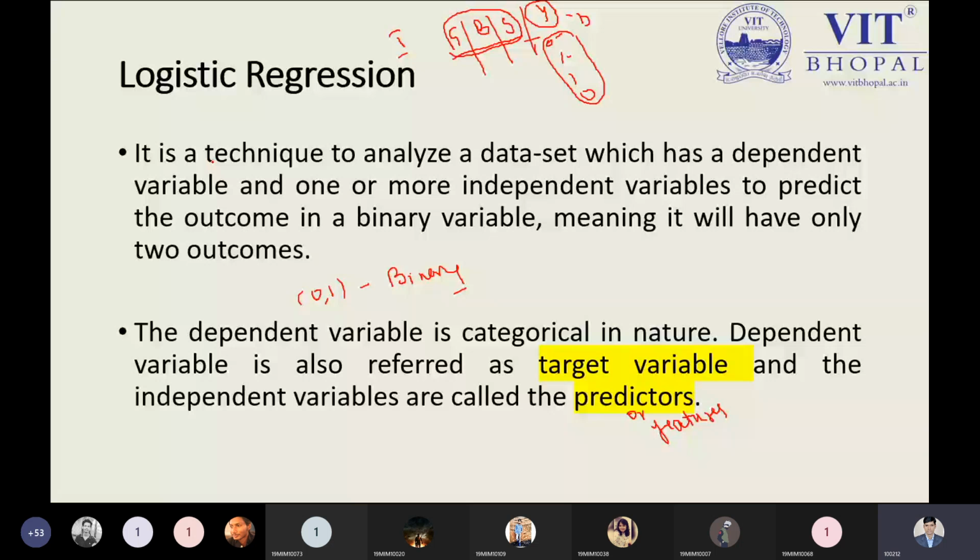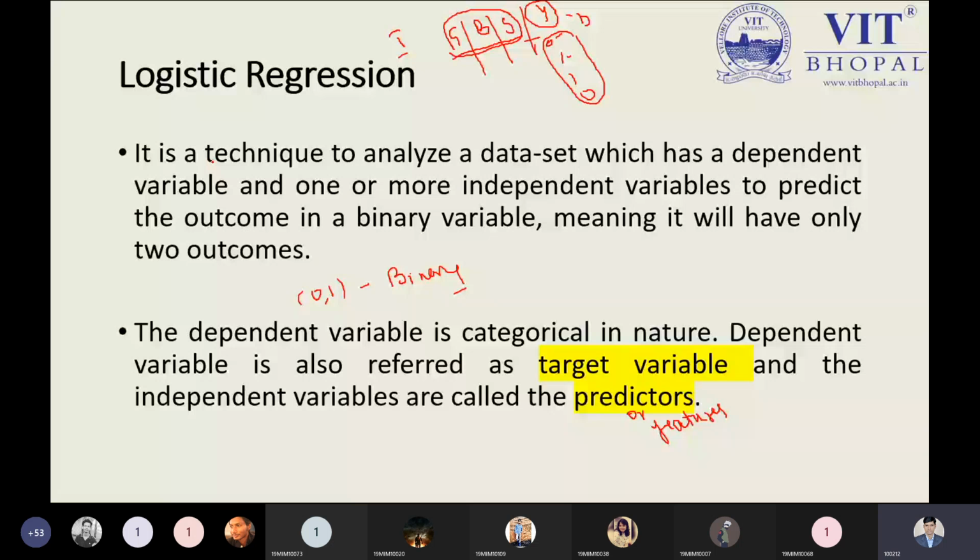So what kind of information does it have? Binary information, because it is represented by 0 and 1 only, true or false, yes or no, because we have two possible outcomes. That's why the representation of the data will be in two forms: 0 or 1, true or false, or yes or no. So the dependent variable will contain only two possible outcomes. That is the point we need to keep in mind.